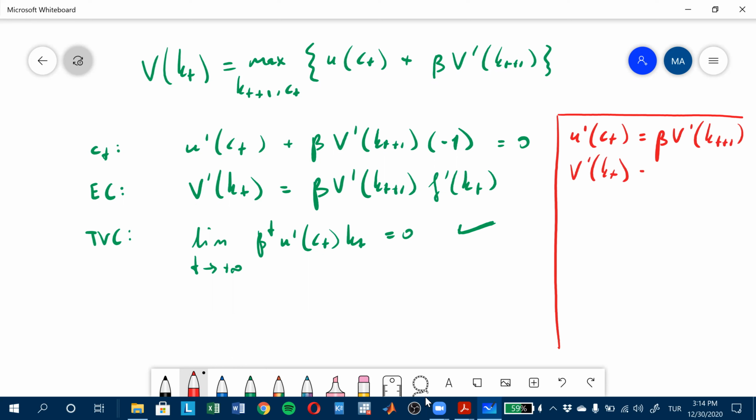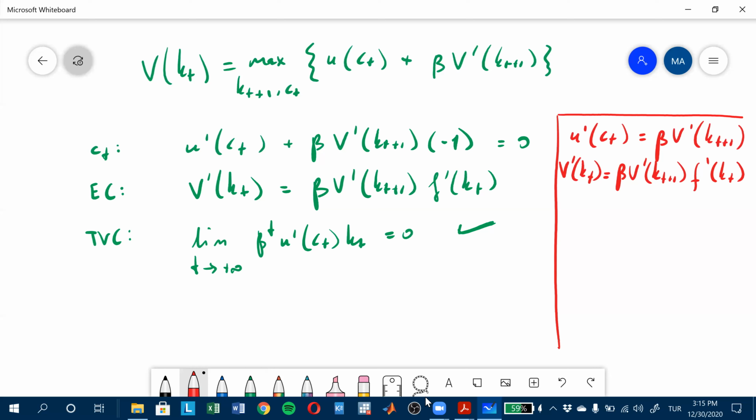V prime K_t equals beta V prime K_{t+1} F prime K_t.